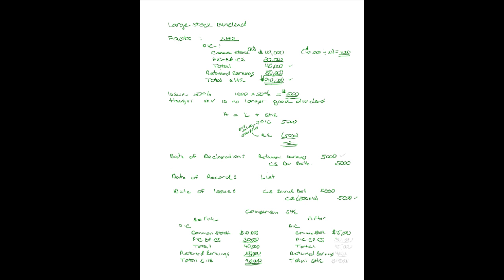Paid-in capital will remain unchanged at 30 since it's a large dividend, for the total being 45, the paid-in capital section. Retained earnings will have gone down 5, so 50 minus 5 is 45,000, and still sitting right at 90,000, no change in total stockholders' equity.